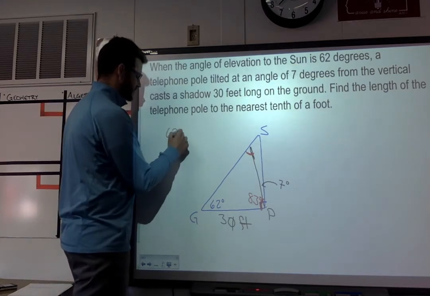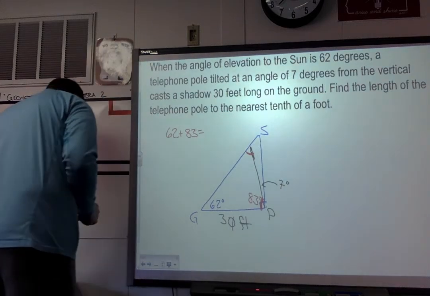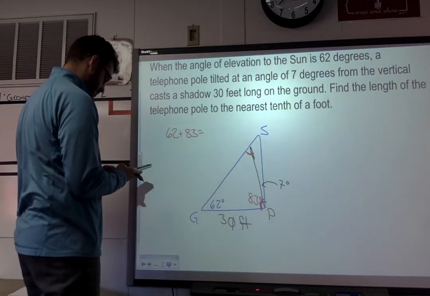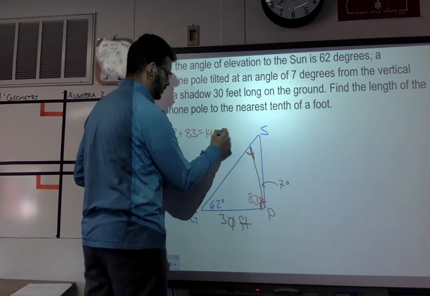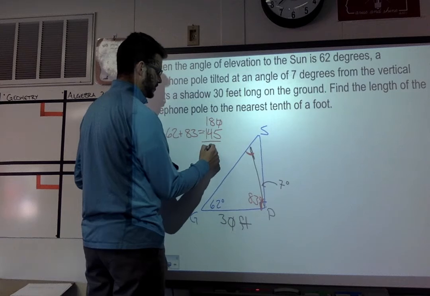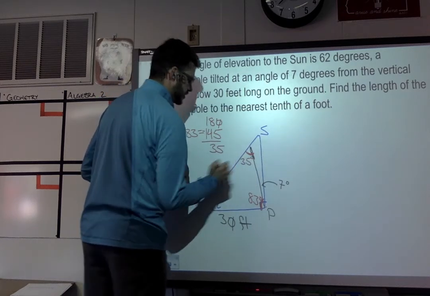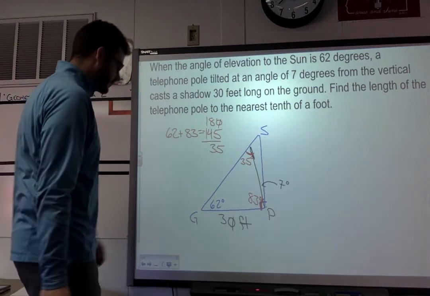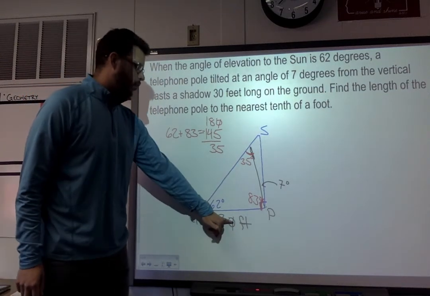So we can say 62 plus 83, which would give us 145. Then we can do 180 minus 145, which gives us 35 degrees. So we have all three angles here, and we have one side.